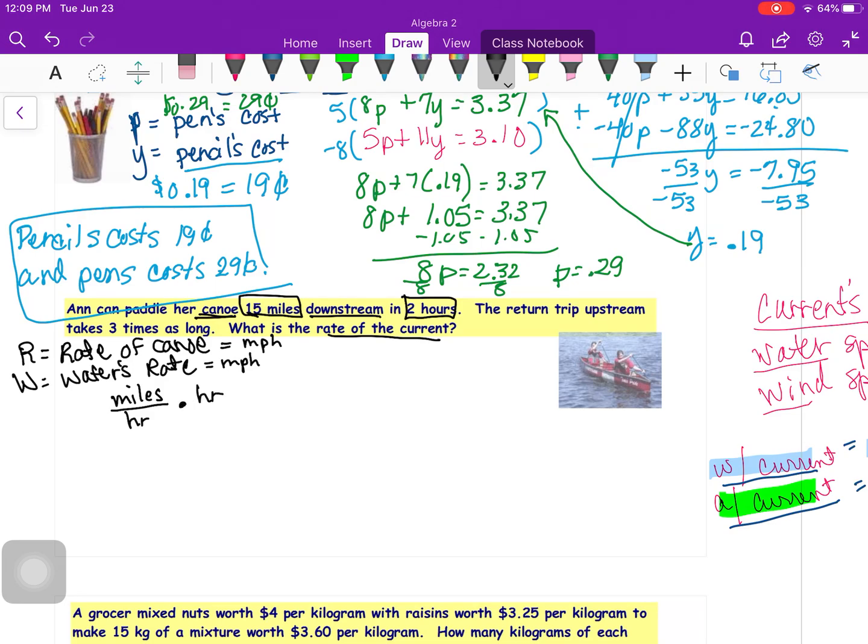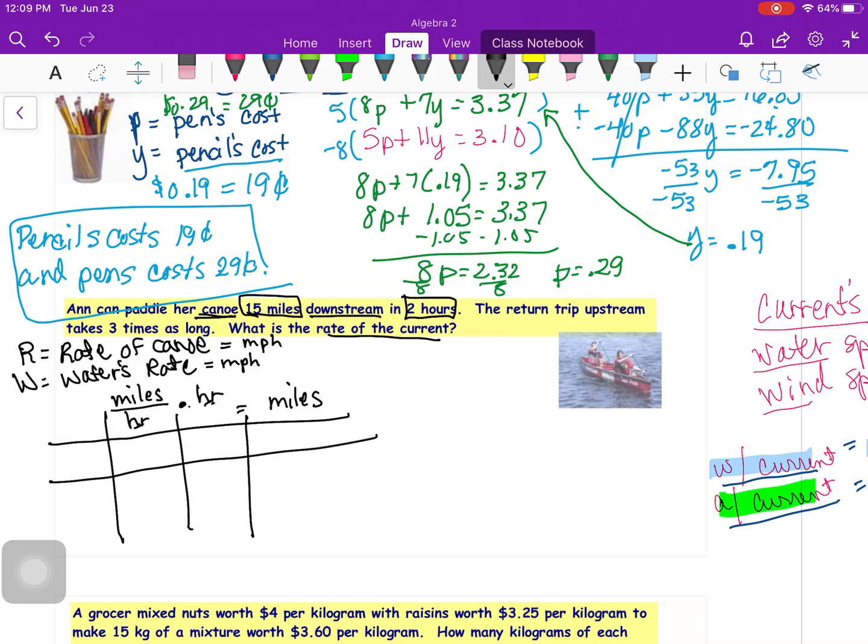Then you multiply your fraction by your denominator. So if I multiply it by hours, these would eliminate, and I get just miles. This is where rate times time equals distance comes from. And this creates a way for me to organize what is happening.